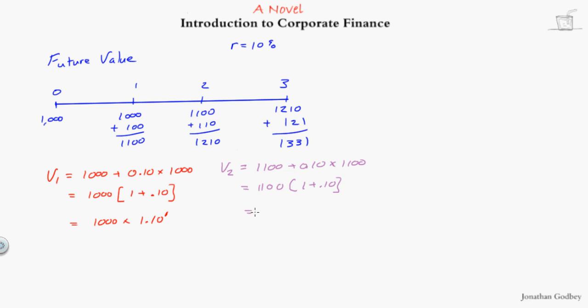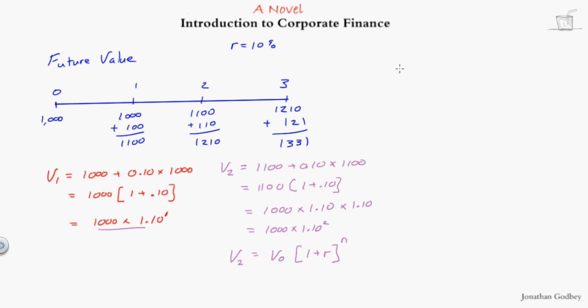Another way I can think about this is I had $1,000 and I multiplied that by 1.1 to get to my 1,100, and then multiply by 1.10 again, which is the same thing as $1,000 times 1.1 squared. So I can say the value in year 2 is equal to the value in year 0, the $1,000, times 1 plus whatever the interest rate happens to be, to the power n, calling n the number of years.